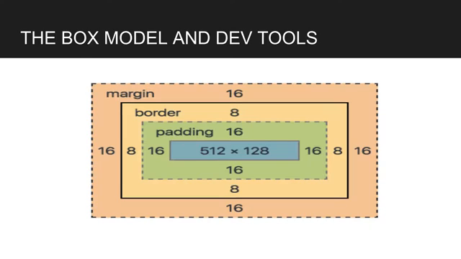Border is the border around your element, and we just saw that with the example earlier when we changed the border to 5 pixels. You could also see your border. So if you give your border a color, or if you give it solid or dash, you're going to be able to see the changes on the border.